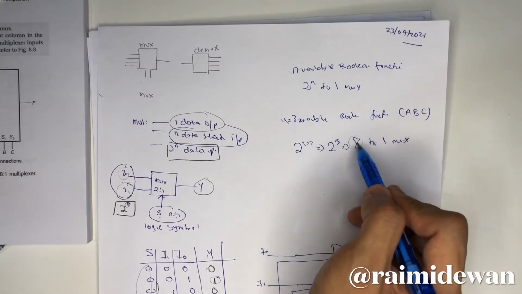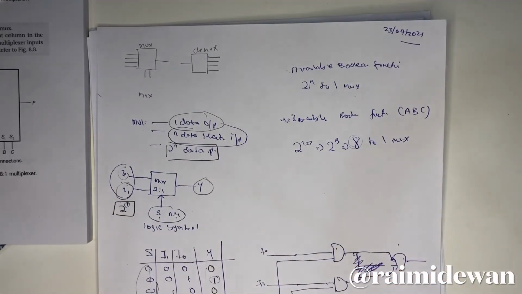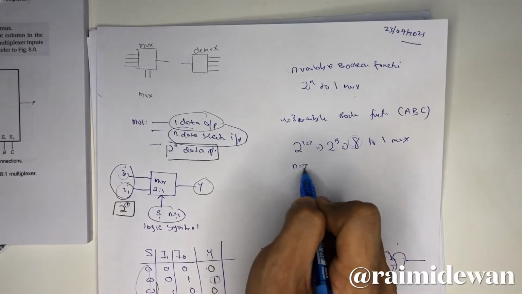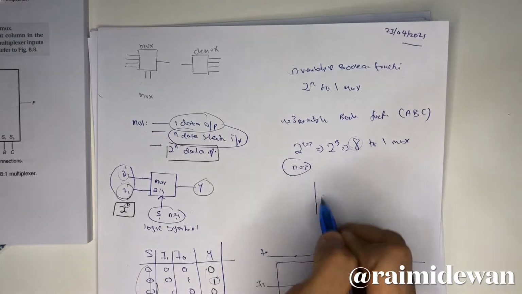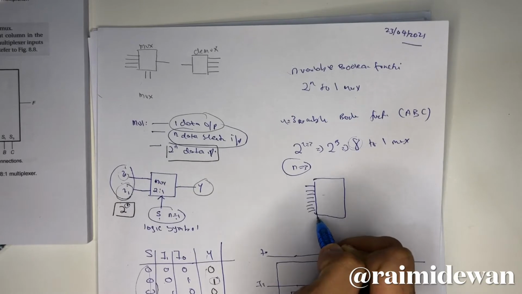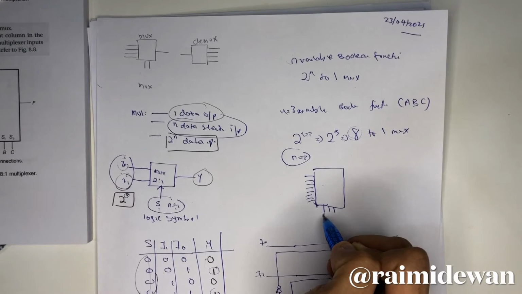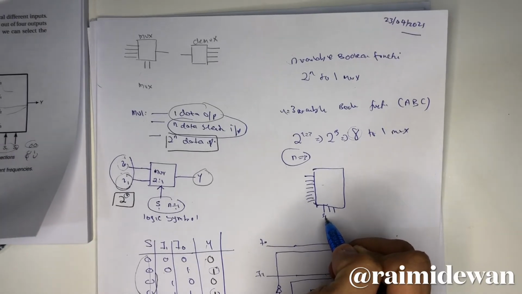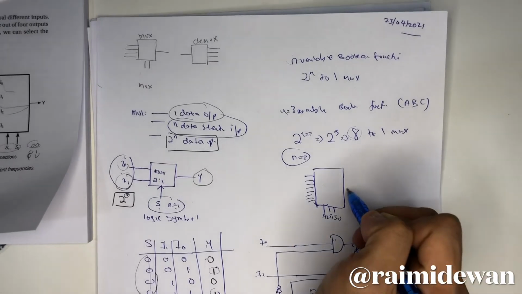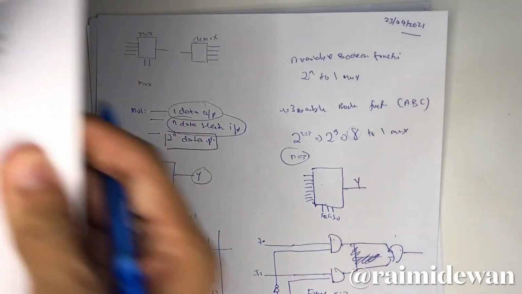This means you have 8 inputs, and how many data select inputs do you have? n equals 3, so you have 3 data select inputs. So 1, 2, 3, 4, 5, 6, 7, 8 as your inputs, and your data select inputs are S2, S1, S0. Then there is only 1 output.